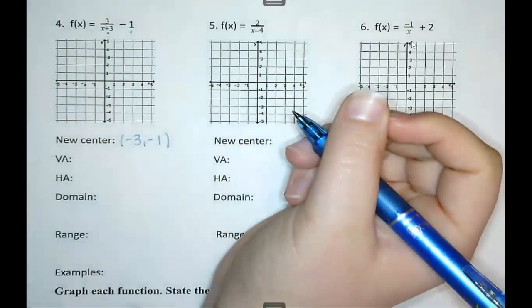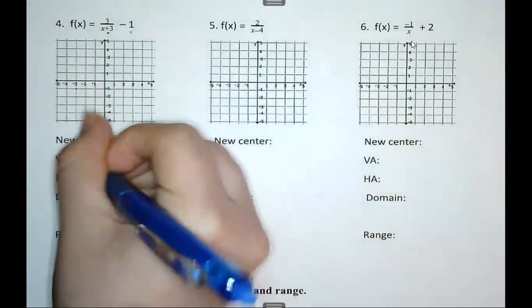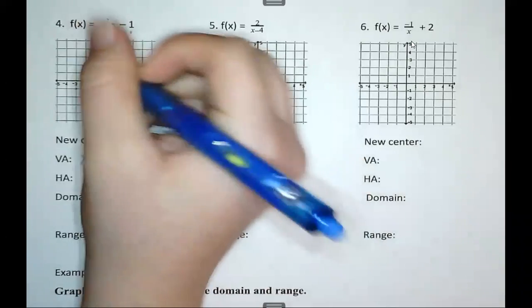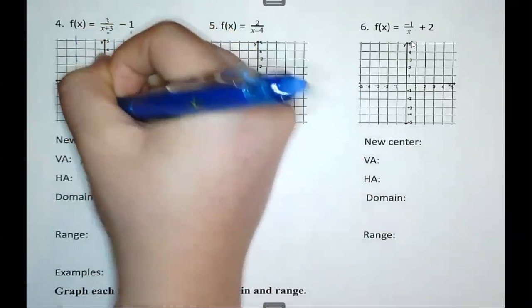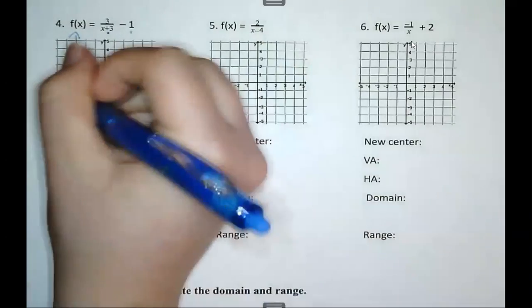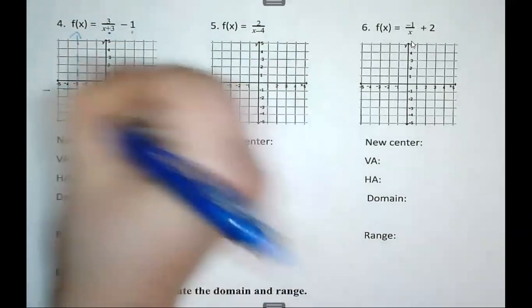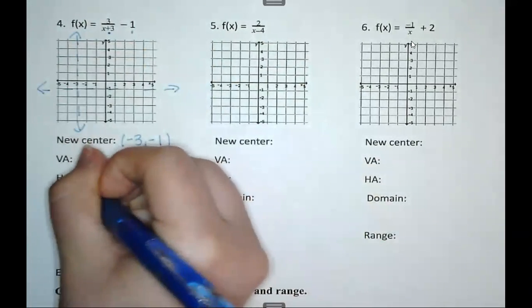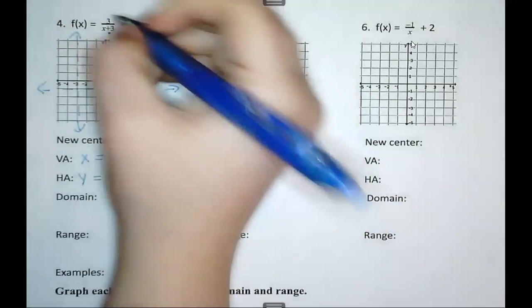Okay, so I have a vertical asymptote at x equals -3. So I draw that in over here at -3. And I have a horizontal asymptote at -1. So y equals -1.